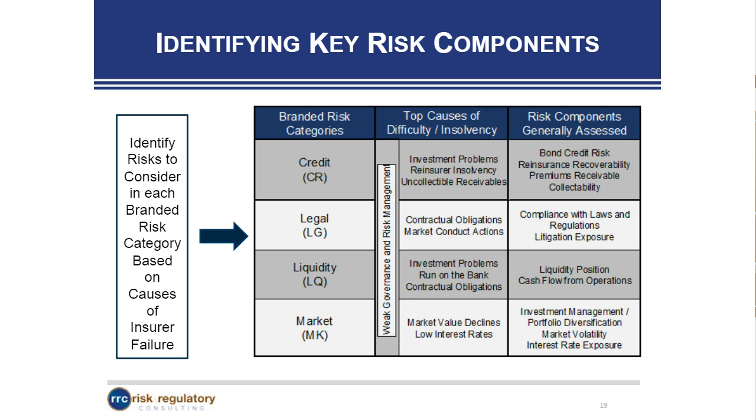So, for example, in credit risk, we would take a look typically at the bond portfolio and assess the type of credit risk that it presents to the company. For example, what are the components of the bond portfolio? Is it mostly full faith and credit U.S. government securities, or are they the type of securities that would tend to present a more enhanced credit risk, particularly in times of financial difficulty?